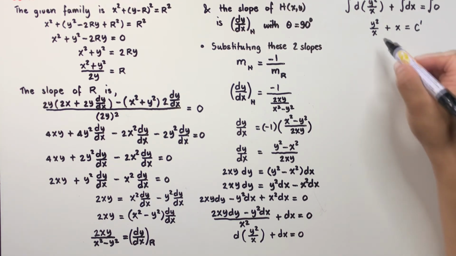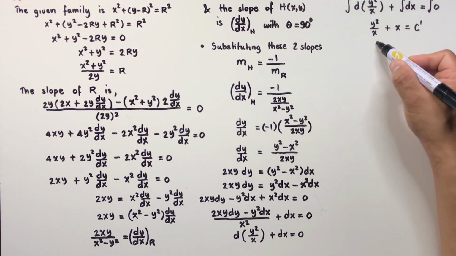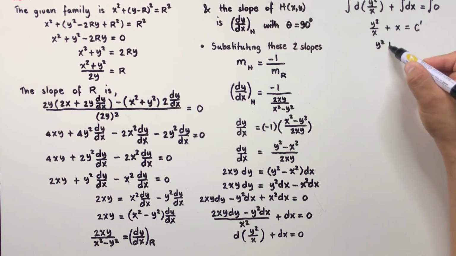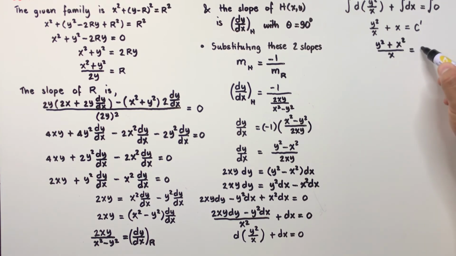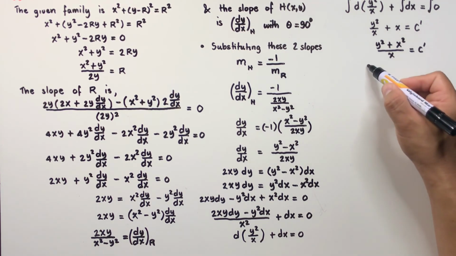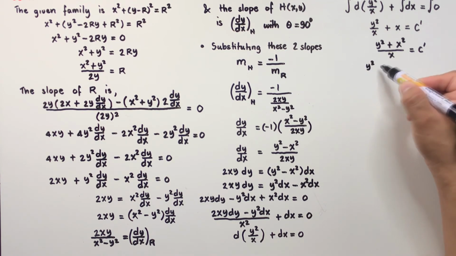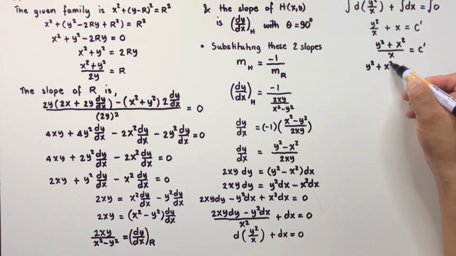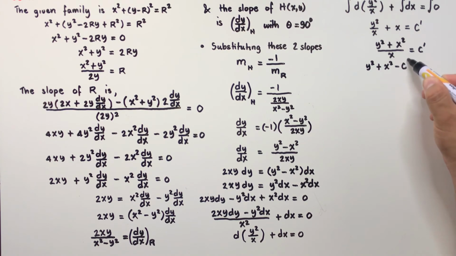So combining these two terms, we have y squared plus x squared all over x, and this is equal to c prime. So multiplying both sides of the equation by x, we have y squared plus x squared minus c prime x, which is equal to 0.